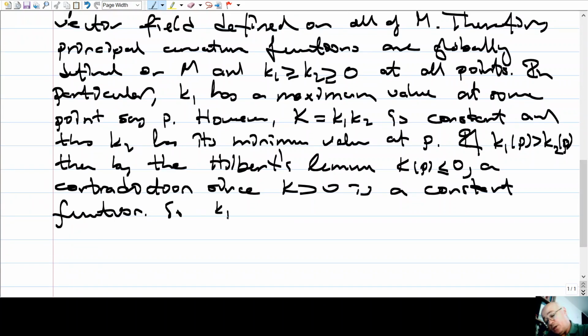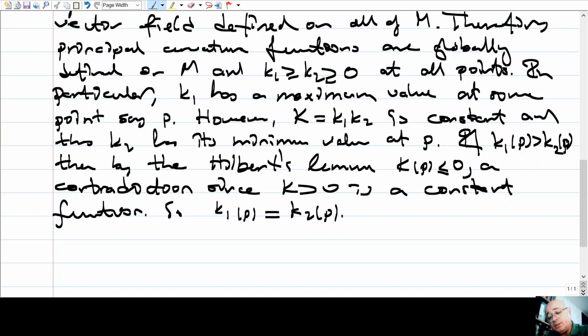So K1P must be equal to K2P because K1P is greater than or equal to K2P, and it is not strictly larger than K2P. Therefore, they must be equal. But this means what? The maximum value of the smaller function is equal to the minimum value of the smaller function.